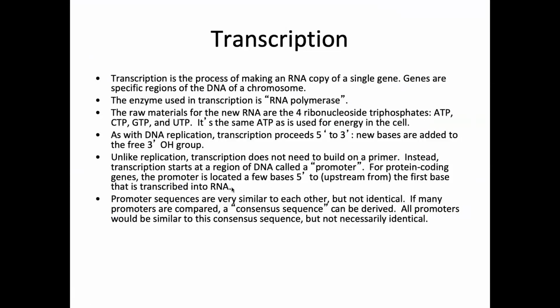It's through consensus sequences. So it's the same concept here: within the promoter region, there are consensus sequences that are unique and uniquely recognizable by the RNA polymerase itself. So that's how the RNA polymerase knows the start point for a gene sequence or a transcriptional unit.